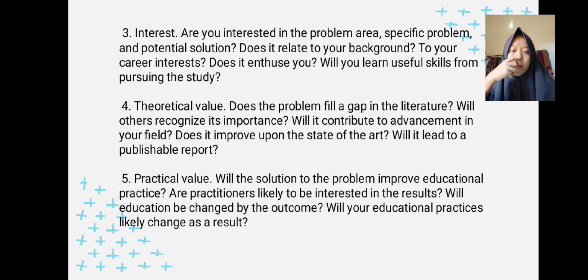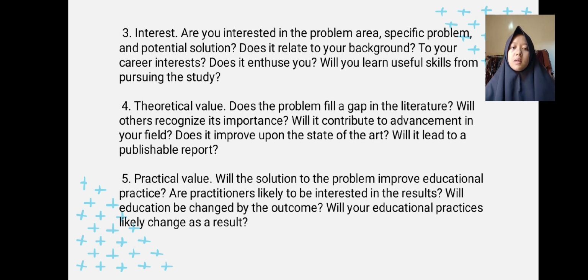And last, you need to have practical value. Will the solution to the problem improve educational practice? Are practitioners likely to be interested in the results? Will educational practice likely change as a result of the outcome?